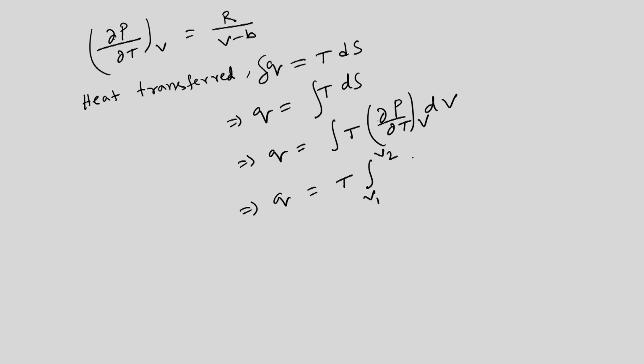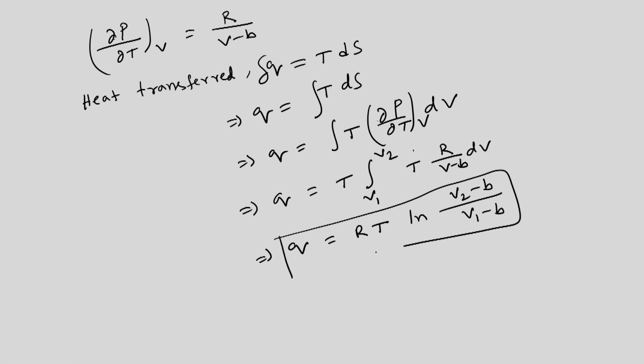Volume changes from V1 to V2, so Q is T times the integral of R by (V minus b) dV, and if we simplify this, we get Q equals RT ln (V2 minus b) by (V1 minus b). This is proved.